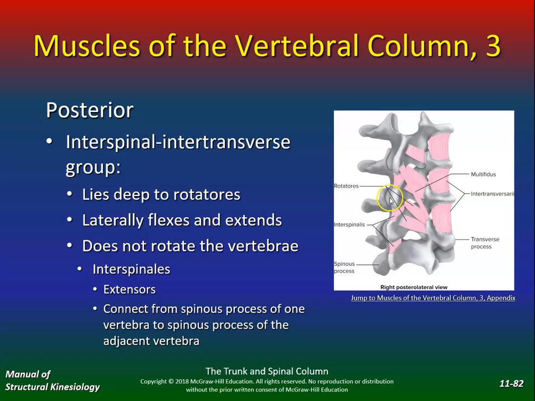Look at this, the multifidus, the rotatores. Every time there's an uneven surface, these are the ones working hard to stabilize your spine, and that's how you get them stronger, or by doing rotations and chops at the gym. Those are good. They lie deep. They laterally flex and extend, but do not rotate the vertebrae. They stabilize the vertebrae.